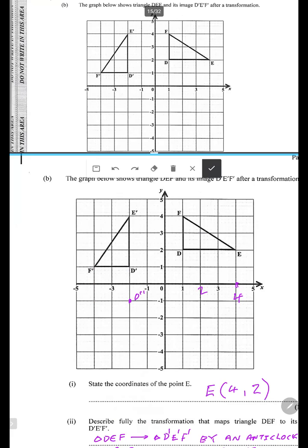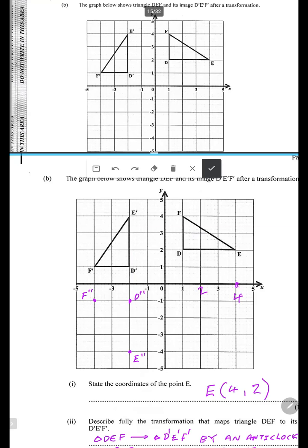So it means that F double prime is right here. And then E now is 1, 2, 3, 4 from the mirror line, and so it's going to go 1, 2, 3, 4 on the other side. So you're coming right down to -4, right down to here. That is E double prime.